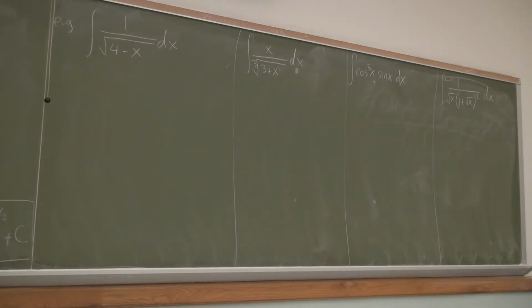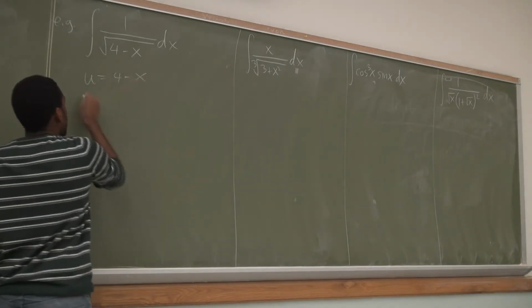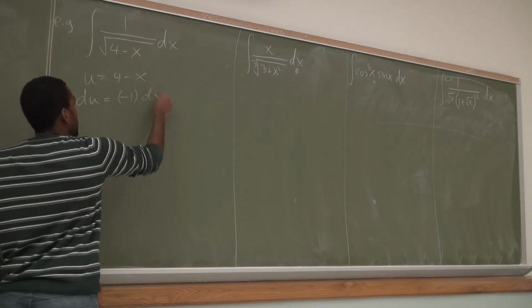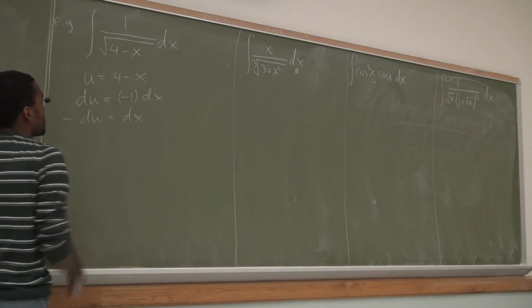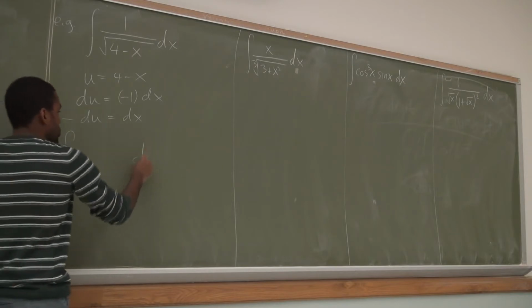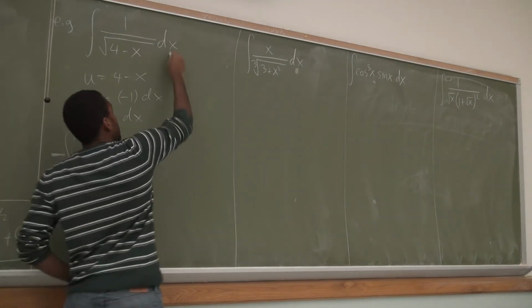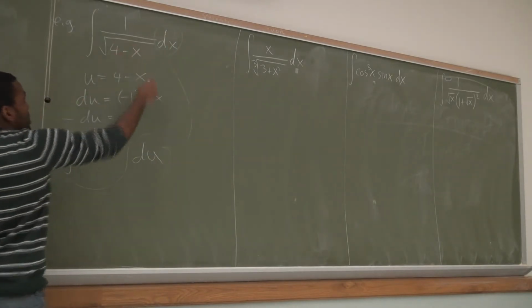Okay, what do you think a good u is for this one? u equals 4 minus x. So du would be minus 1 dx. So minus du would replace dx. So I just put a negative sign here, du, and this guy here is just u now.